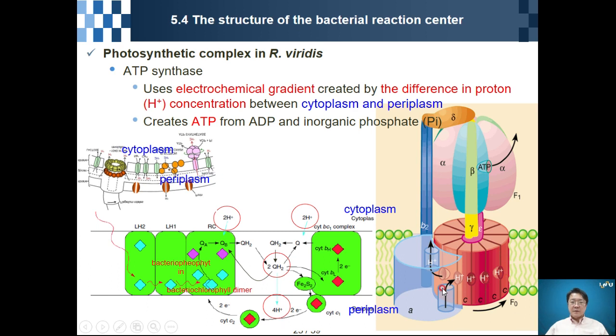ATP synthase uses the electrochemical gradient created by the difference in proton concentration between the cytoplasm and the periplasm. Finally, it creates ATP from ADP and inorganic phosphate, Pi. So I have briefly explained the ATP synthase function.